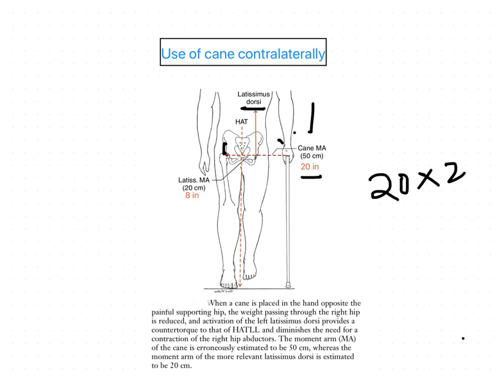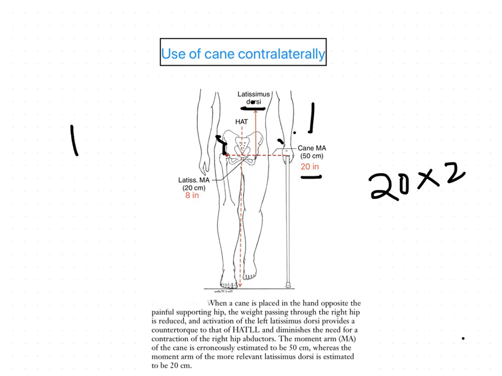So in the total hip joint compression we have to consider the abductor force created at the supported limb, which comes to 150 lb.